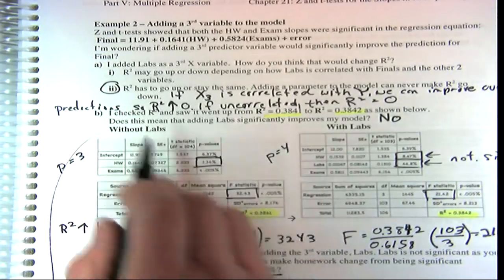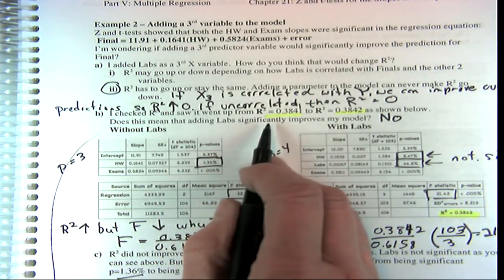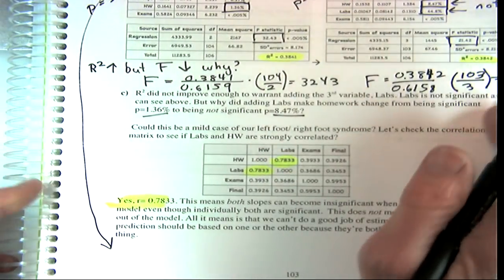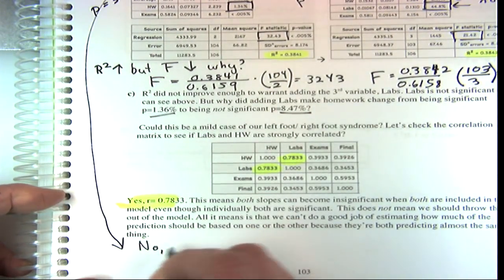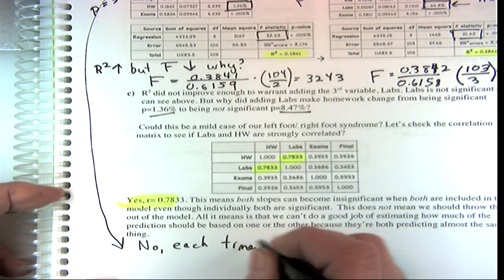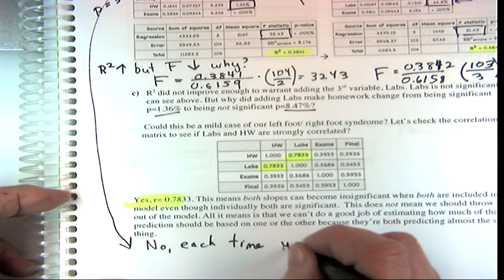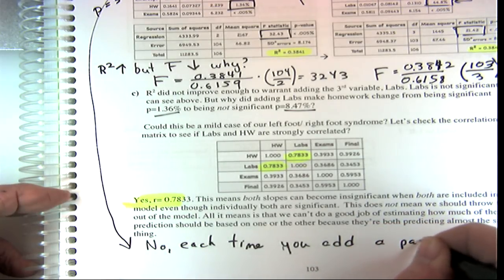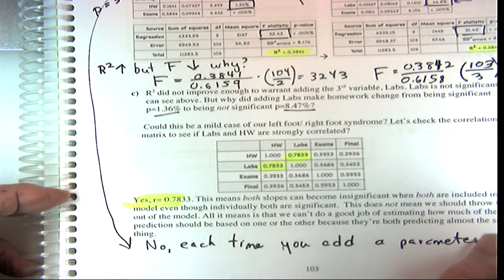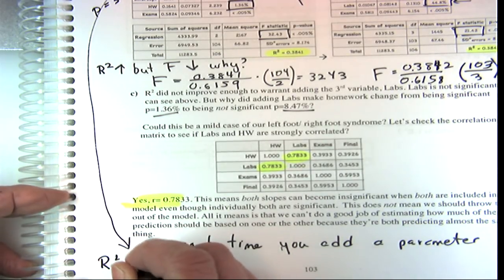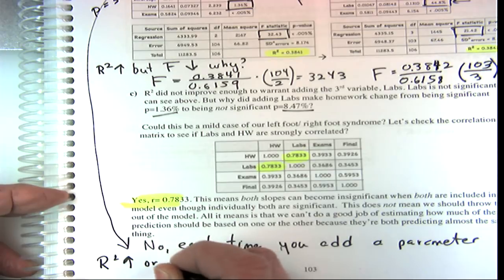that the question here says, does adding labs significantly improve the model even though your R-squared went up? So say no. Each time you add a parameter, R-squared has to either go up or stay the same.